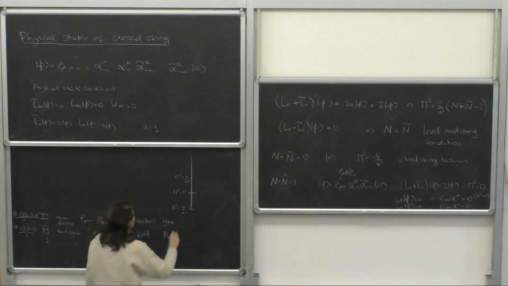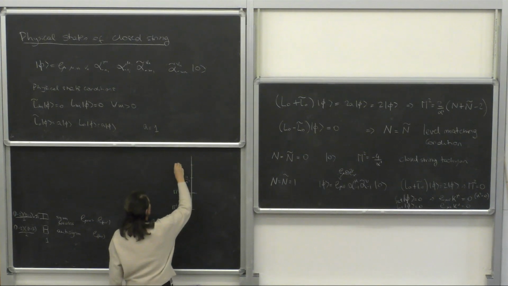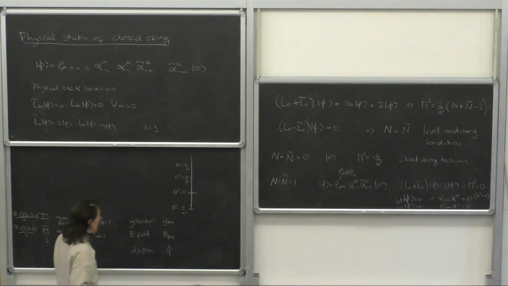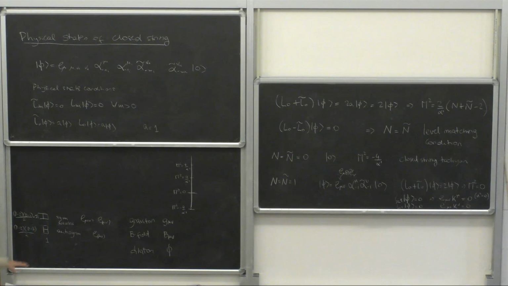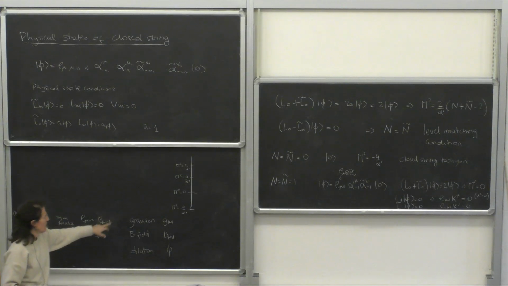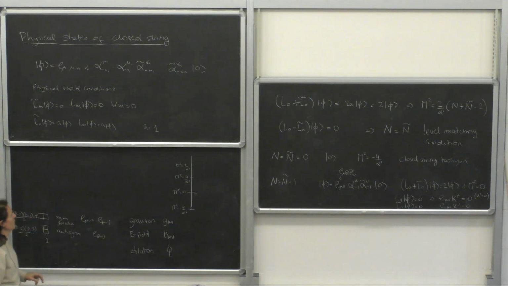The next one will be 8 over alpha prime, etc. So you have a tower of states. And again, if you want to do low energy effective theory, you restrict to this massless sector.